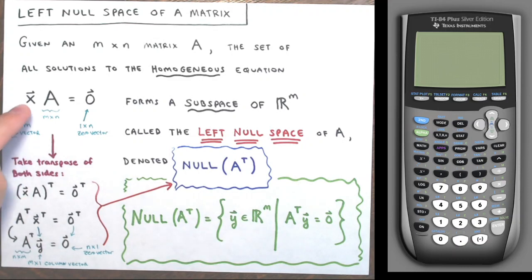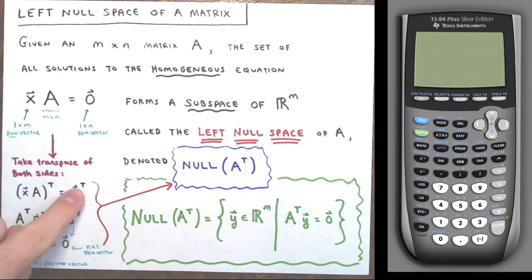Well, let's go back here. If we're looking for solutions to the vector x times matrix A equals the 0 vector, what if I were to take the transpose of both sides? So I have x times A, transposed, equals the 0 row vector transposed.